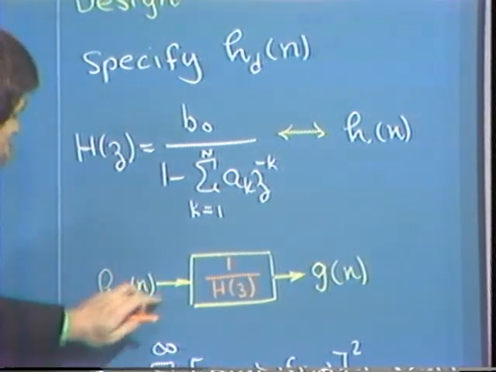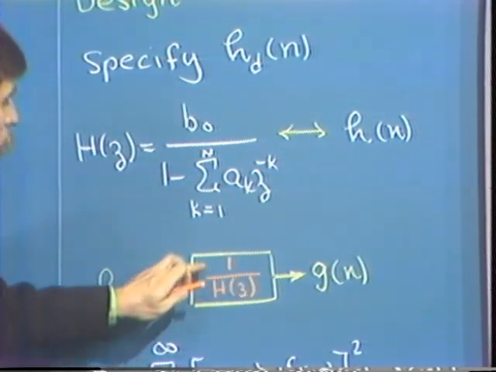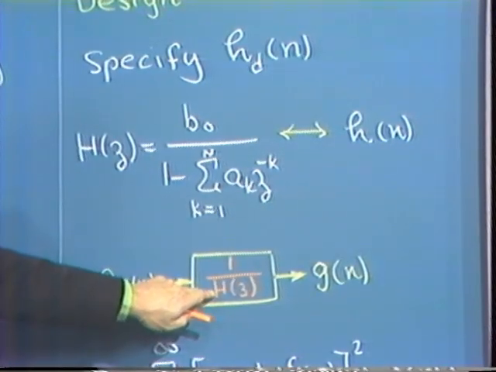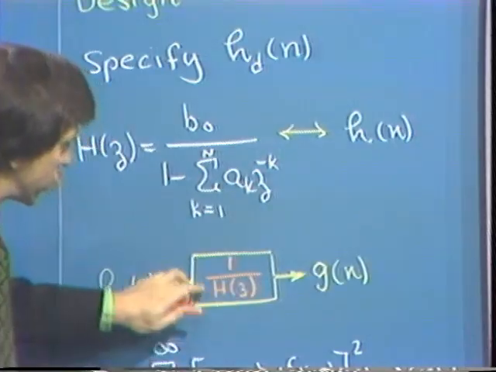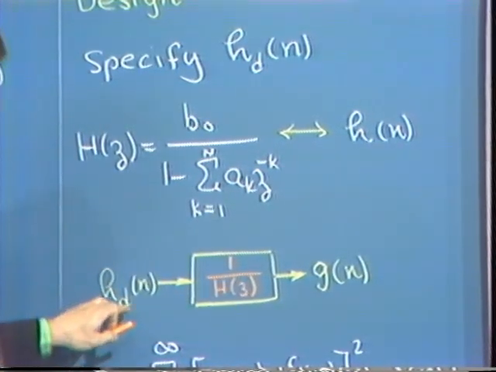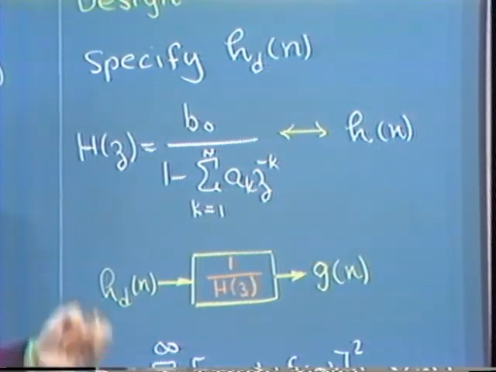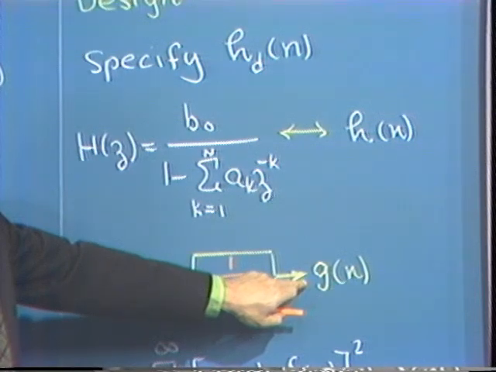Now, we have the desired unit sample response as the input. We've got the reciprocal of the filter that we're going to implement as the system function. And if the realized unit sample response was exactly equal to the desired unit sample response, what would the output be?